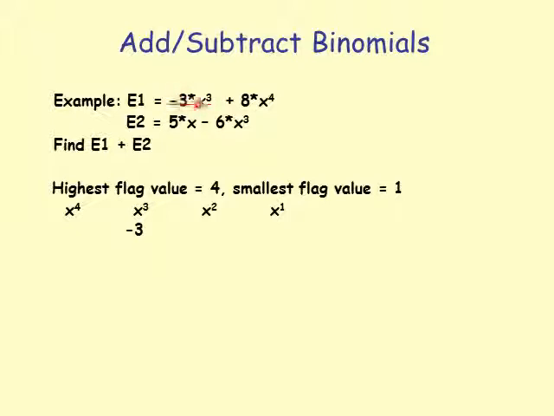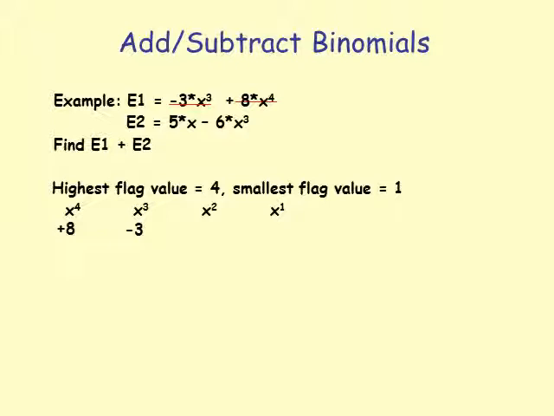So it is minus 3 times x cubed. Under x cubed, minus 3 is the coefficient, x cubed is the variable part, and 3 is the flag value. Let's continue here. Next one is plus 8 times x fourth. So the coefficient is plus 8. That's what we write down here.